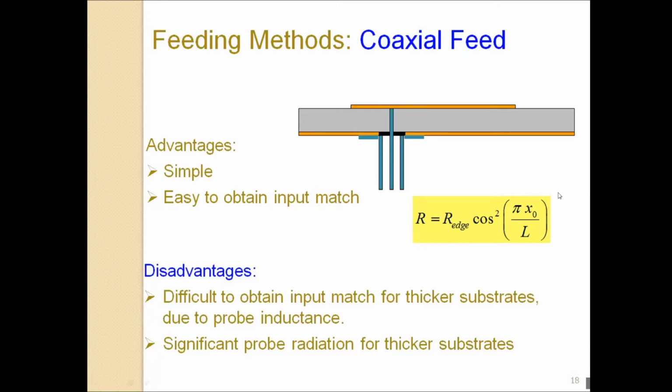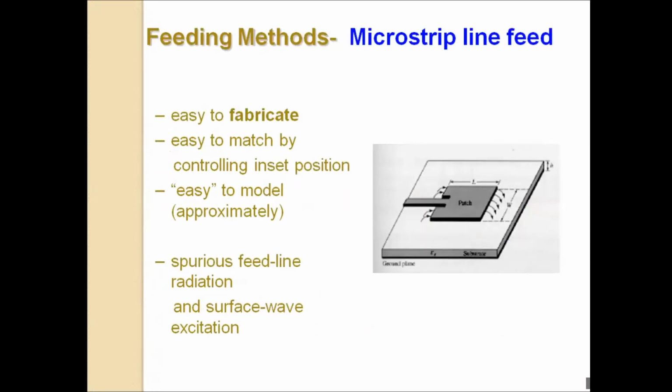So the selection of the feed point is more typical. Otherwise, it will create a probe radiation problem. That also has its own disadvantages. This produces a spurious radiation from the patch antenna, and it has its own surface wave excitation also.